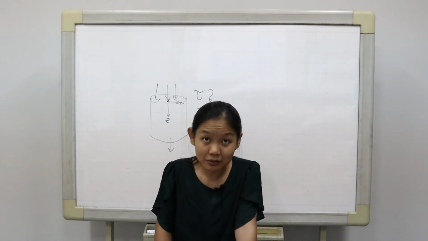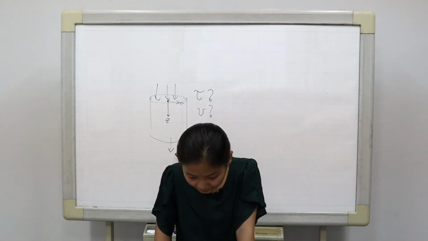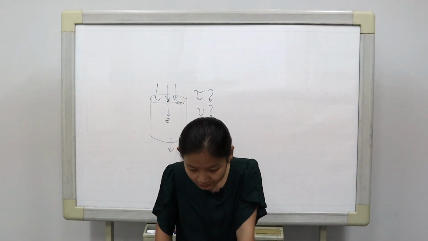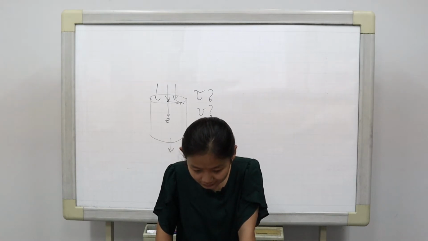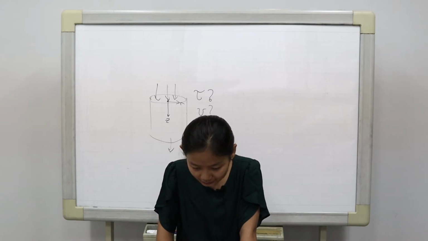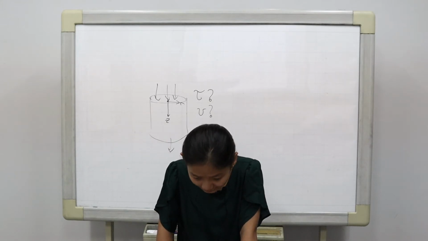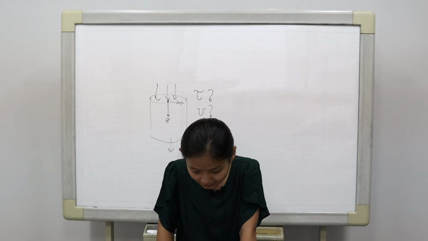In equation B5.5, you can see we have tau r theta, tau theta theta, tau z theta, and so on. Okay. And in the third equation, B5.6, you can see that we have tau rz, tau theta z, and tau zz.